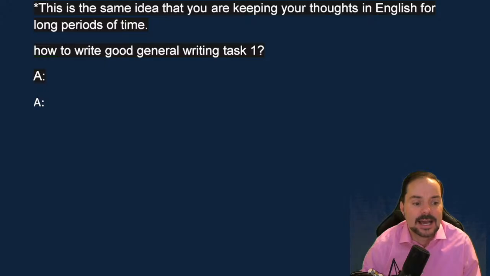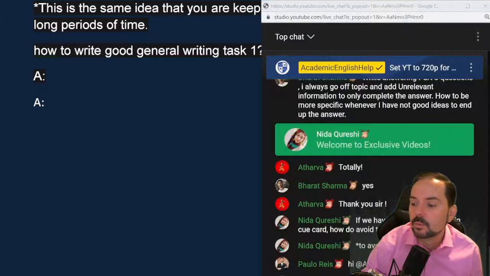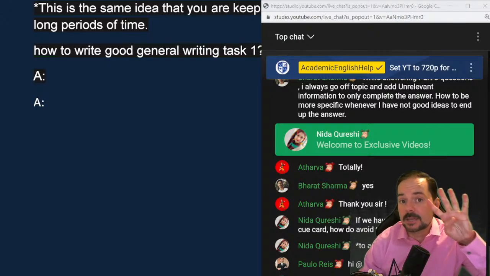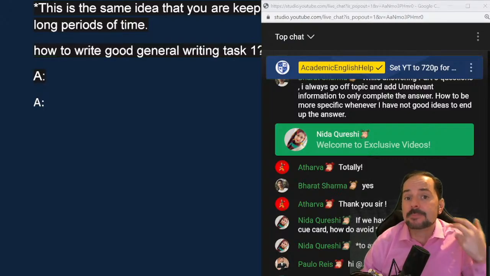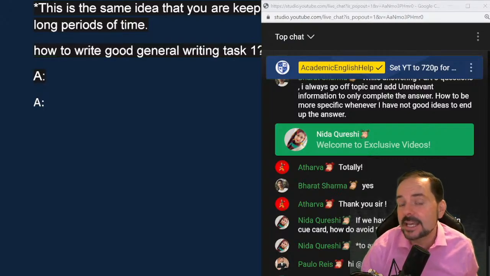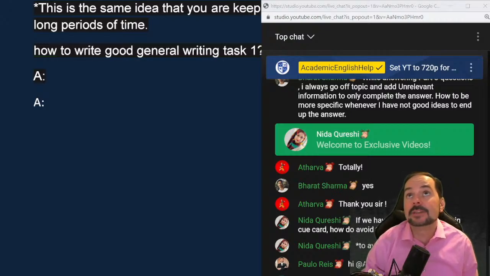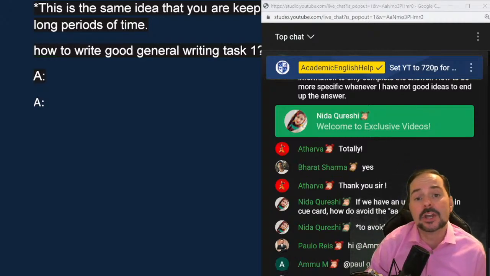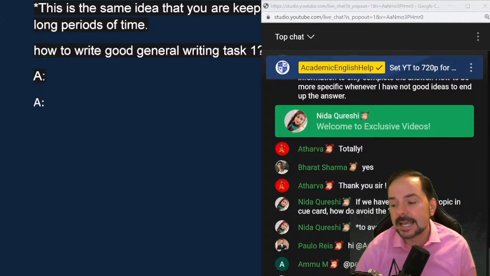So what is that? Okay, so what type of essay is Task 1? I know that some of our members know this from some of our classes, right? There are 4 types of essays, okay? Task 2, for instance, is a persuasive essay, both for the academic and the general. And the academic Task 1 is an expository essay, okay?